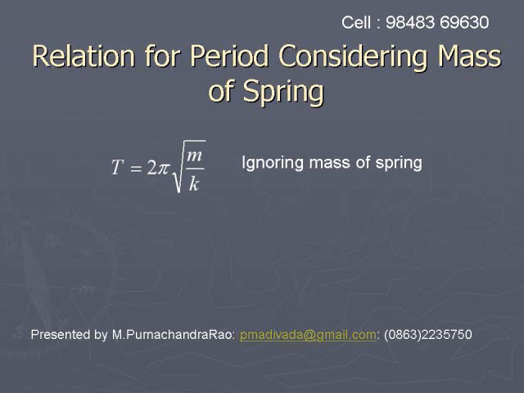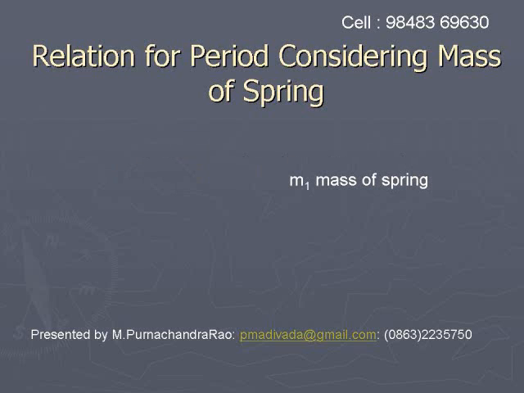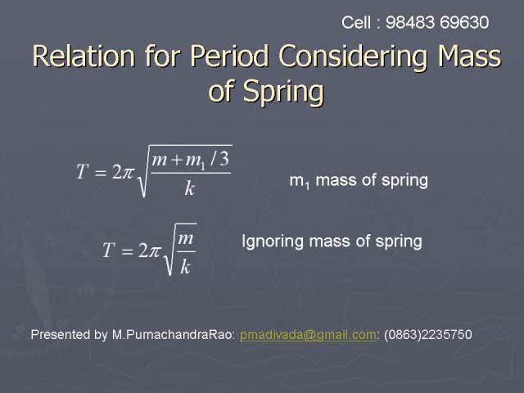If we consider the mass of the spring and take it as M1, we can derive the relation for period of oscillation, which comes out to be T is equal to 2 pi into square root of M plus M1 by 3 whole divided by K. This is the relation for period of oscillation of the loaded spring when we consider the mass of the spring as M1 and the mass of the load is small m.